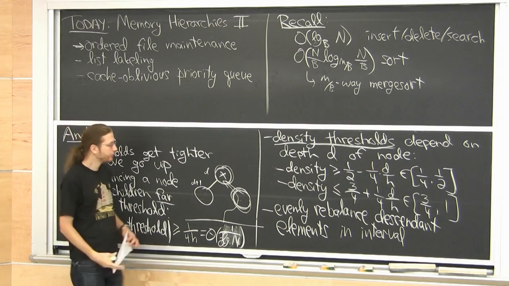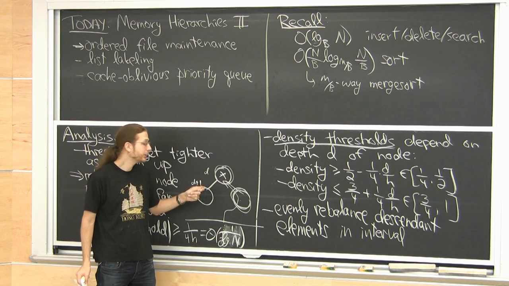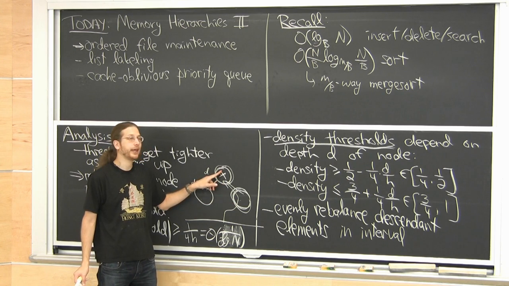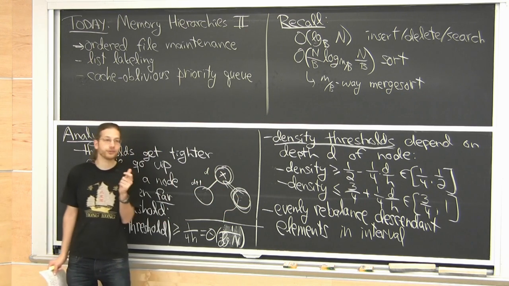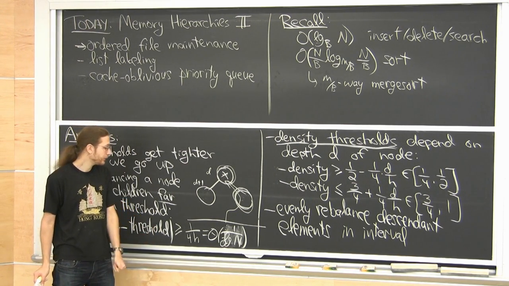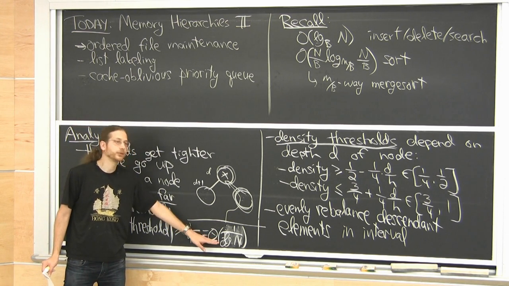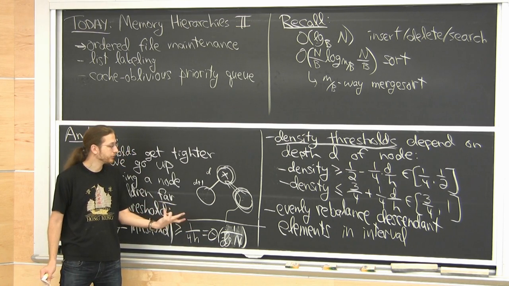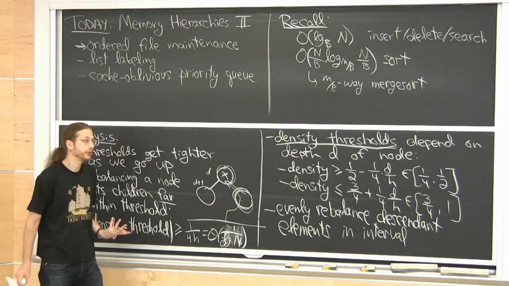For x to have to be rebalanced, that means, again, one of its children would have to be out of threshold, and then we insert or delete within that child, and then that propagates up to x. But right now, the children are far within threshold. So the question is, how long would it take for them to get out of threshold again? Well, you'd have to change the density by at least an additive 1 over log n. If you multiply by the size, it's the size of the interval divided by log n. You've got to have at least that many insertions or deletions.